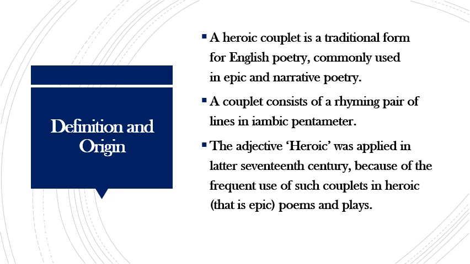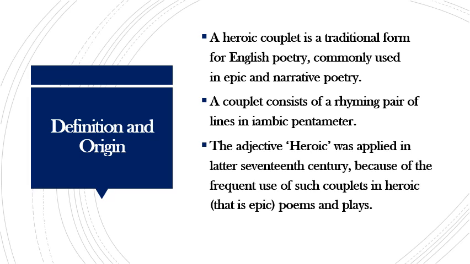Students, heroic couplet is a traditional form of English poetry, and it is commonly used in epic and narrative poetry. As the name suggests, the term couplet simply means a pair of lines that rhyme.